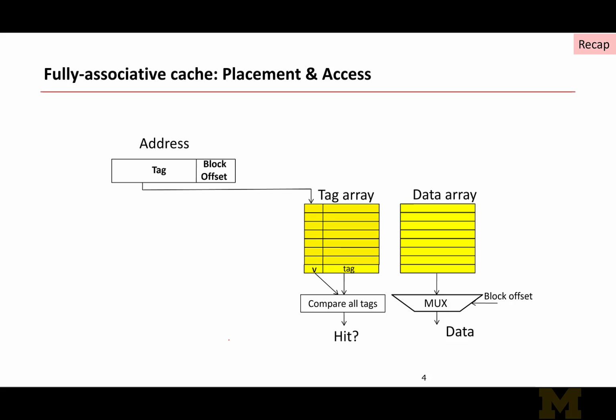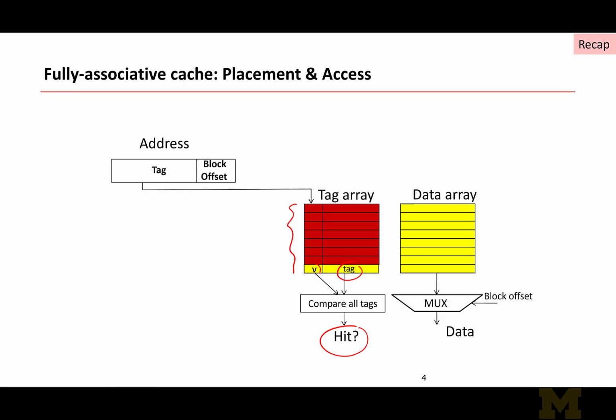Now, if you want to access this cache, you take the address, the cache would divide that into 2 parts, like I said, and then the tag would be compared against all the tags that are stored in the cache. And so if any one of them found a match with the given tag address, then we would declare a cache hit.